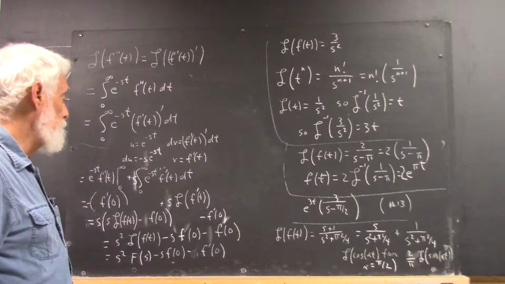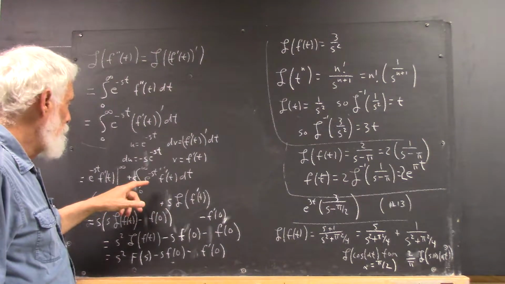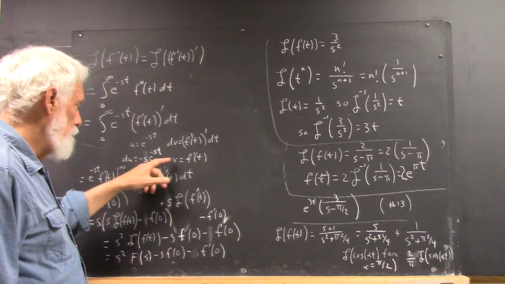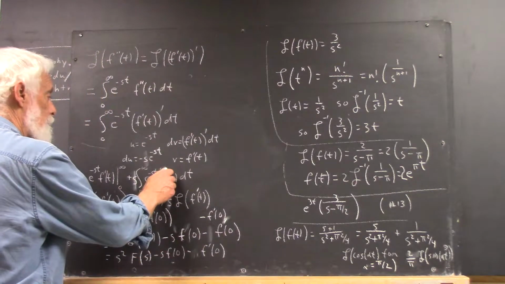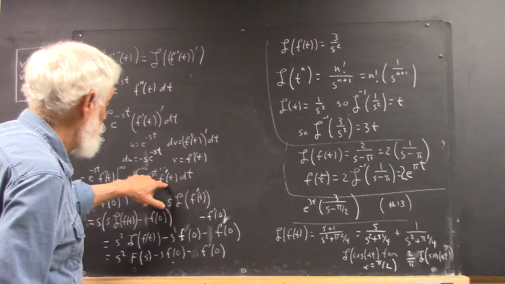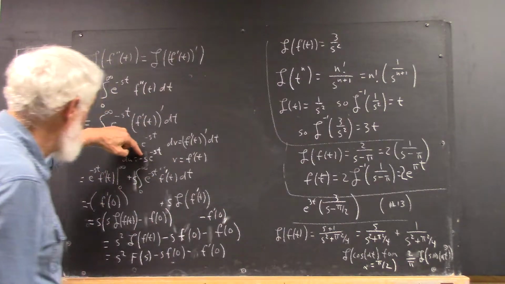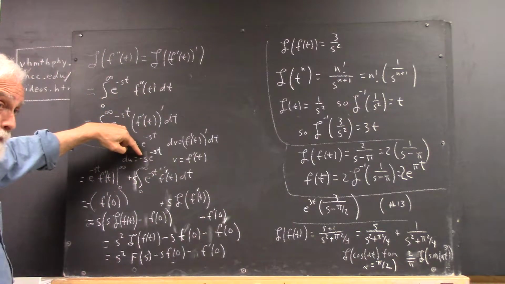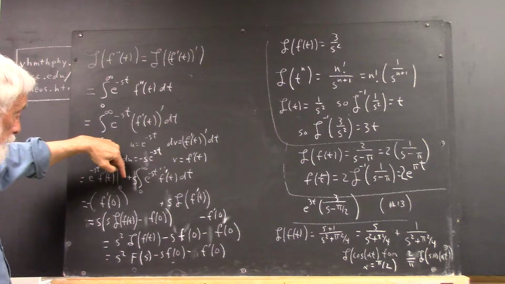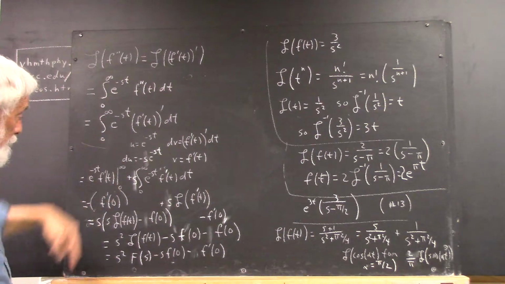You see that ultimately you're going to get down to an integral of e to the negative st times f prime of t, and that's going to be your Laplace transform of f. Every time you do this, you get another negative s here, and of course when you do that integral, it's going to become a positive s.